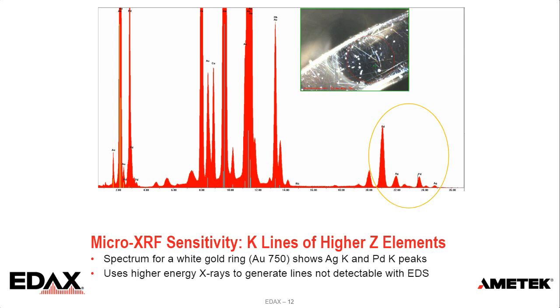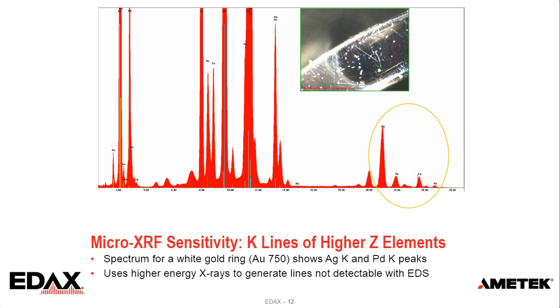This is a white gold ring analyzed using Micro-XRF. The top right is the video image of the analyzed area. In this XRF spectrum, it shows silver K lines and palladium K lines.